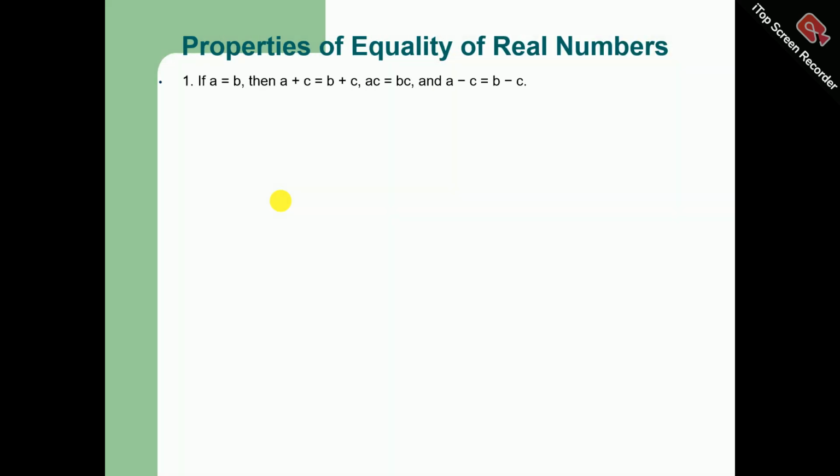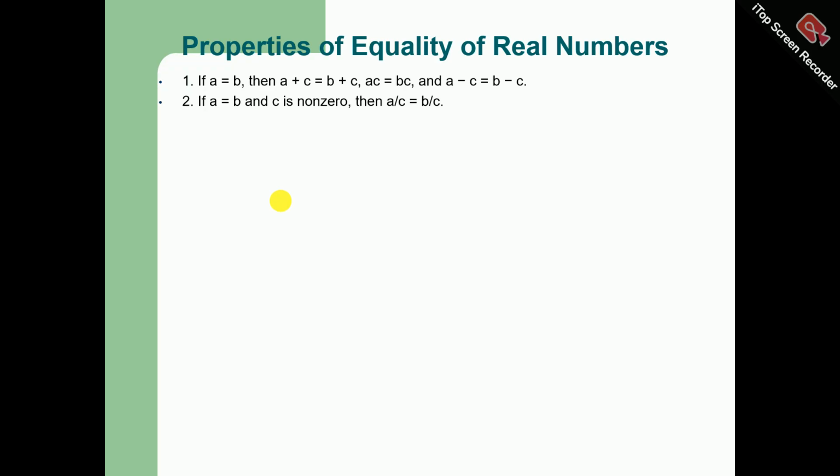So, if A is equal to B, then A plus C is equal to B plus C, and A times C is equal to B times C, and A minus C is equal to B minus C, and that could easily be proved.